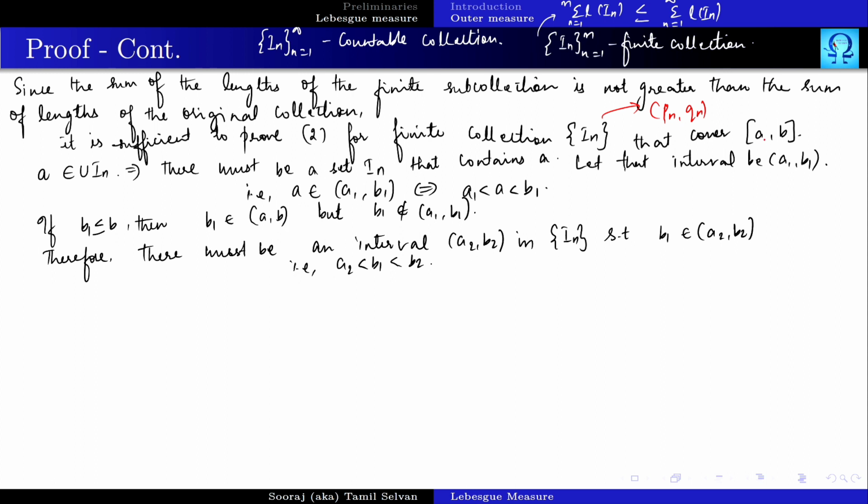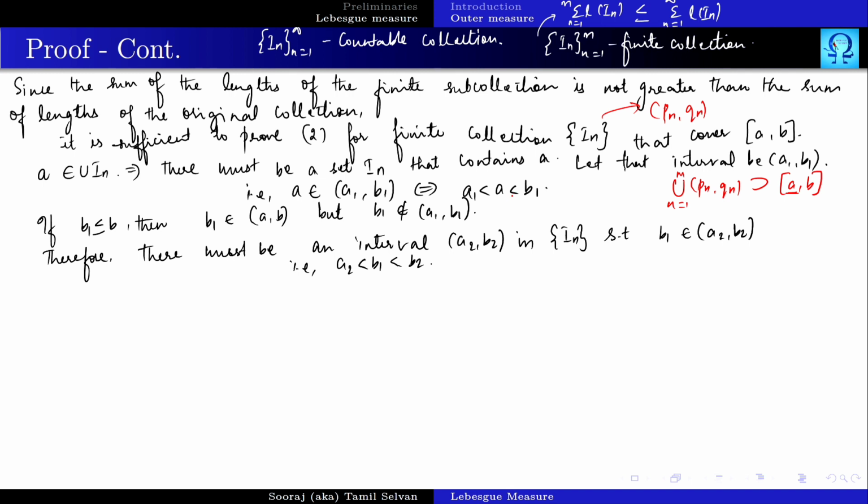So when you take the union over n from 1 to m of (p_n, q_n), this contains the closed interval [a, b]. The point a must be inside some set. All these are open sets, and a must be inside some set. We have identified such a set, and that is what we call (a1, b1).